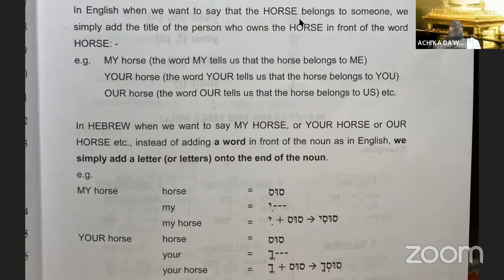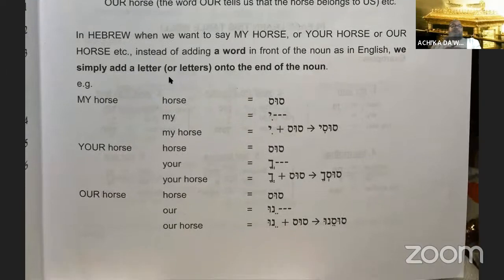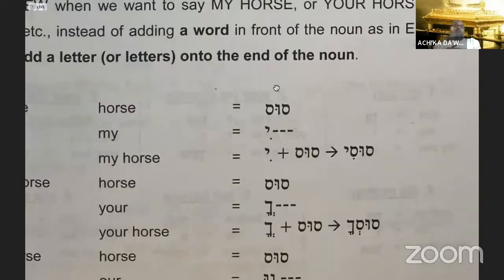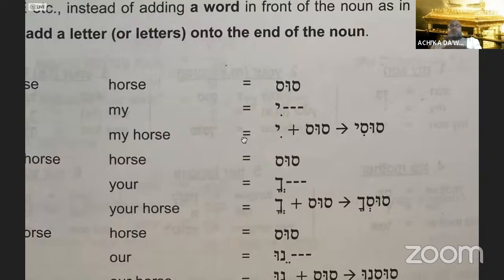Okay. So here's an example. My horse. You take the word horse, which is sus, and this can be any noun. And you want to say it's my horse. I'm going to blow it up a little bit more so you can see it. As you see, horse, and then you've got my. So you're going to add this, meaning my, that's my ending, to the noun sus. And then you're going to have susi, because that dot and that equal this sound, the I as in it.